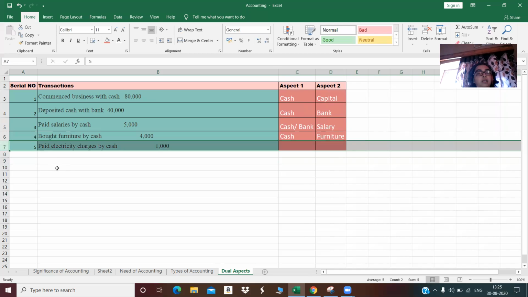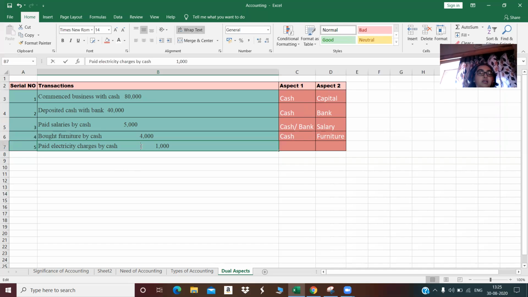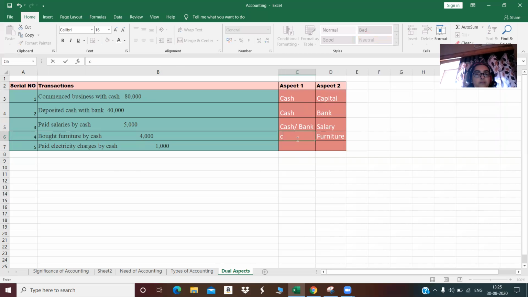So we pay them by cash or by bank as per our wish. However, here it is said by cash. So one aspect would be cash itself, and the other aspect would be the electricity bill, as the cash is being paid towards the electricity bill. So cash, and the other aspect would be electricity expenses.